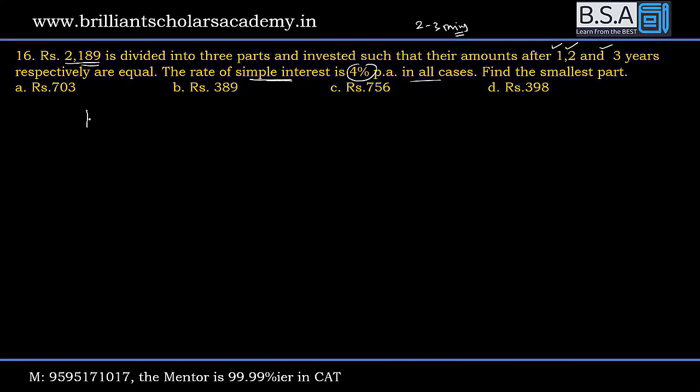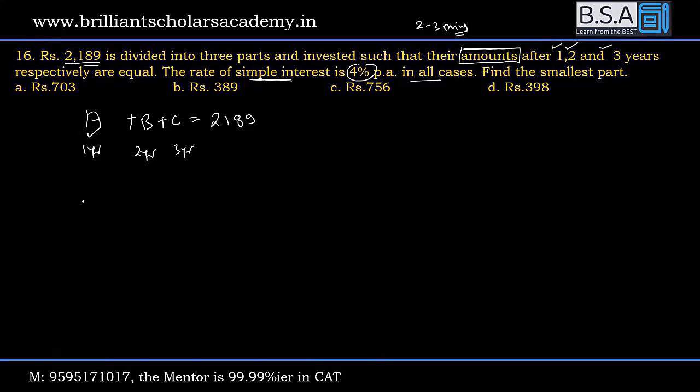So I'm going to divide 2189 as A rupees, B rupees, and C rupees. After 1 year, after 2 years and after 3 years, their amount, the final money, needs to be the same under simple interest.